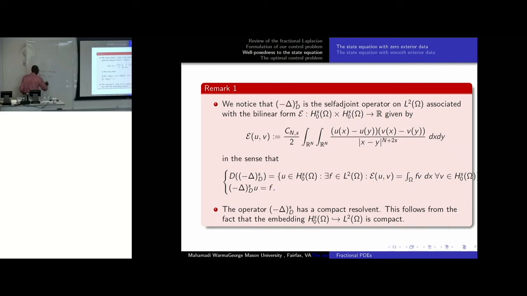If we say minus delta S D to the power minus 1 applied to F, that is U. Formally that's good, and I can study the regularity of U in this sense. You can write it, but it doesn't help, because you know the properties of the resolvent. It helps a lot to have all the properties of the solution U.